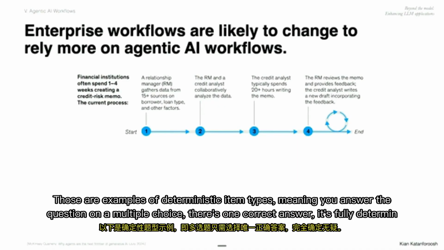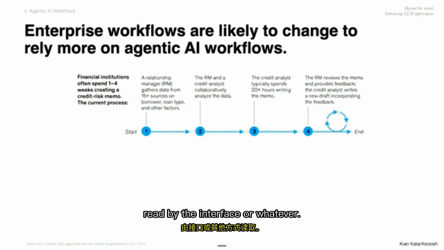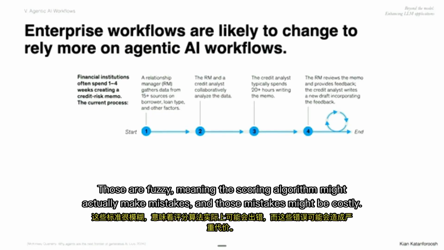Those are examples of deterministic item types, meaning you answer a multiple choice question, there's one correct answer. It's fully deterministic. On the other hand, you sometimes have voice questions, where you go through a role play, or voice plus coding questions where your code is being read by the interface. Those are fuzzy, meaning the scoring algorithm might actually make mistakes, and those mistakes might be costly.